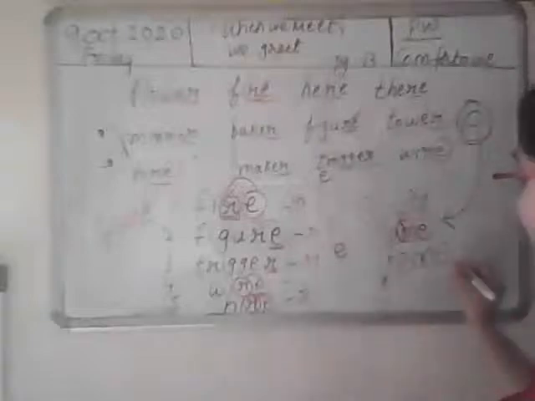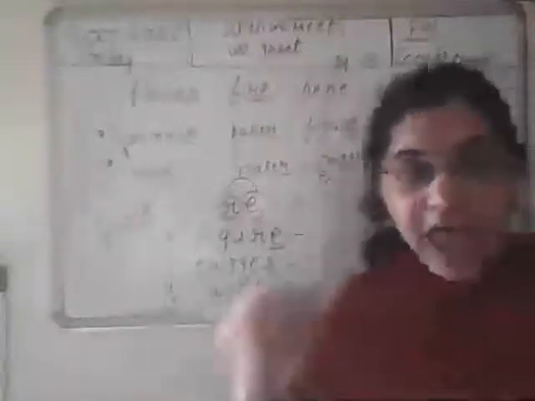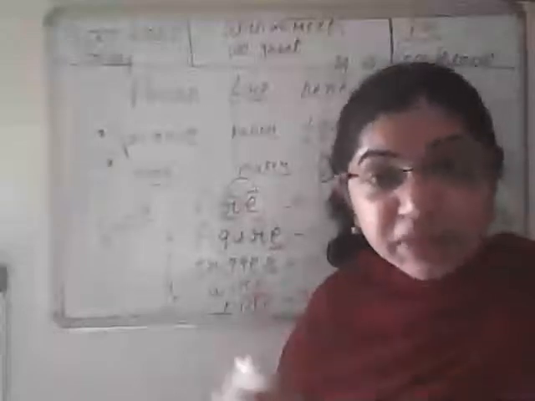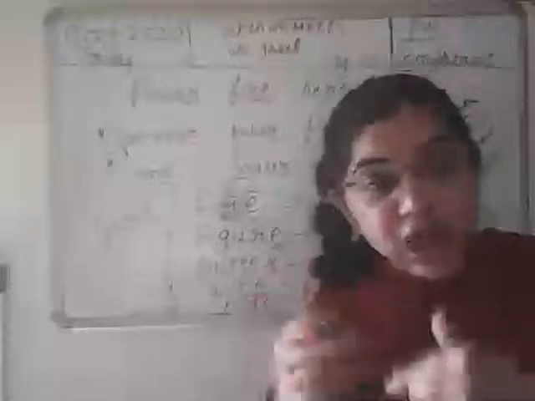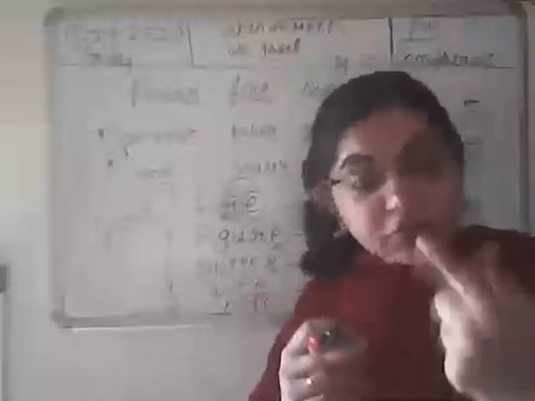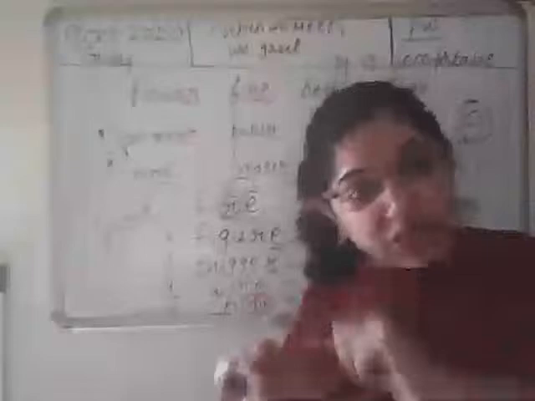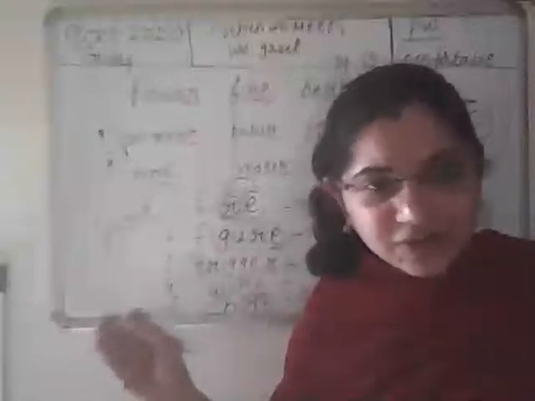So when this naughty boy E came and joined the group, now this spelling is P-I-N-E, pine. P is P, and I-N-E has become pine. So the sound of I has changed. From short vowel sound, it converted to long vowel sound, right?